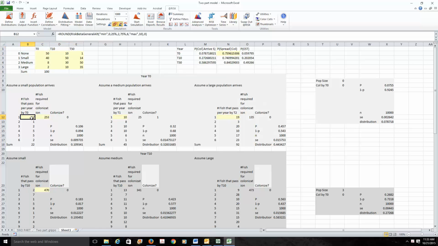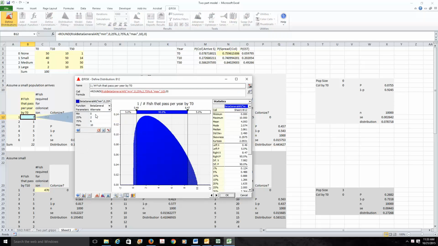The number of fish that would pass through the system, this is the value that would change. This would change, this would change, and this would change. So we would have, presumably, instead of the distribution that we have here, 0, 2, 6, and 10, if we had an additional electronic barrier and CO2 bubble system or something like that, our experts would perhaps then say, okay, well, maybe it's a 0 and the maximum might be 4.